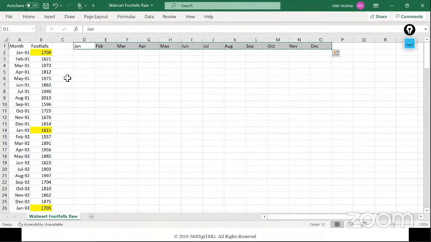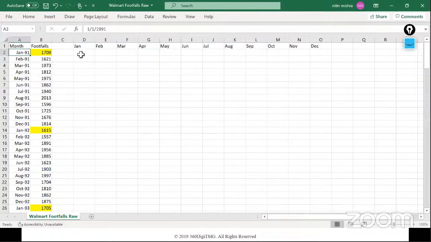If this is January month data, then this is what it means.